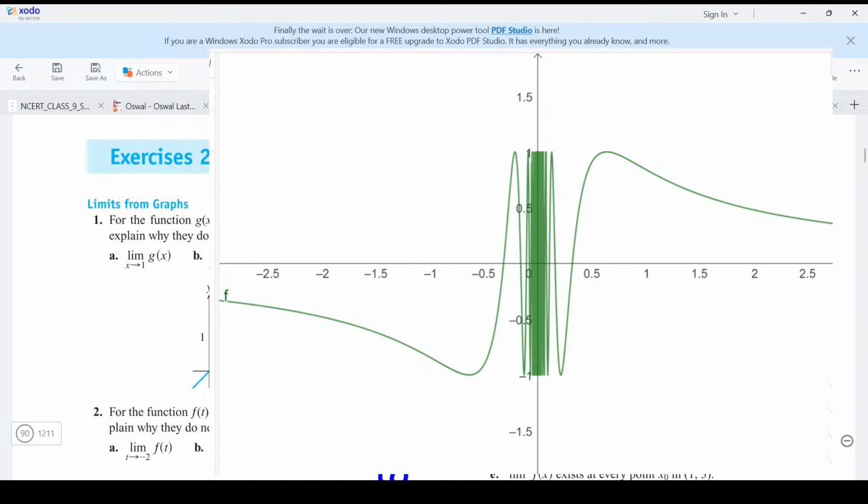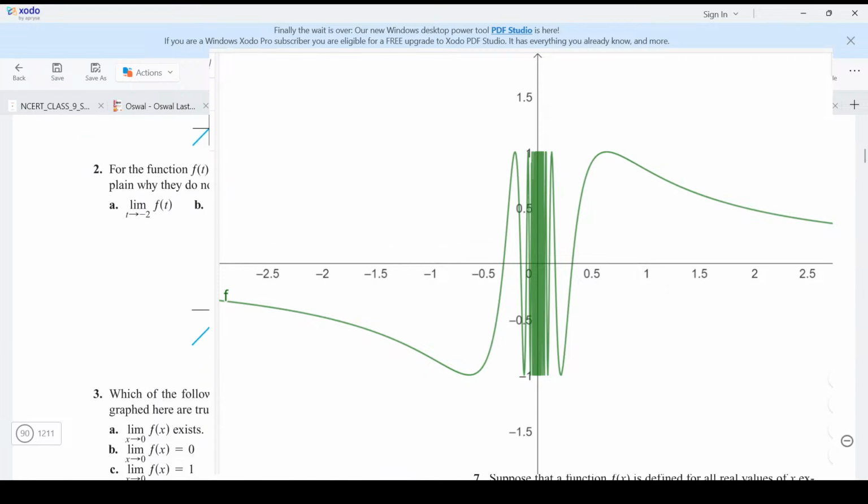Now here, when x is approaching 0, be careful, take your time. What is happening? Two different values. Why two different values? One is approaching 0, it is becoming 0.